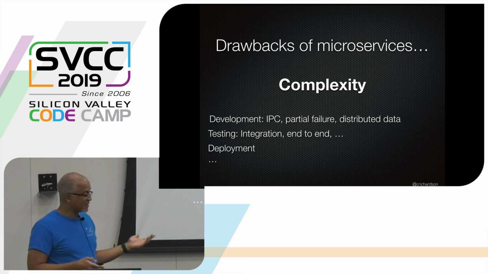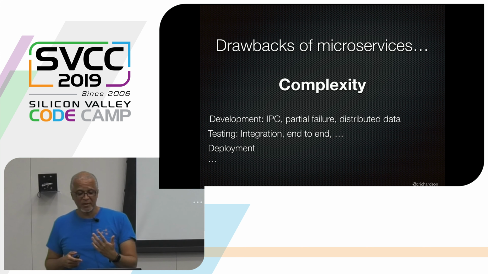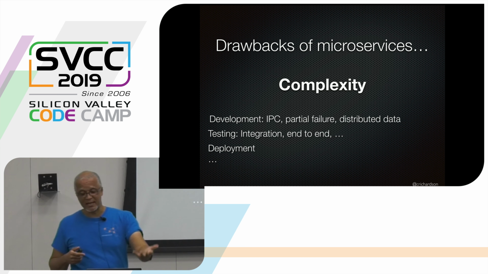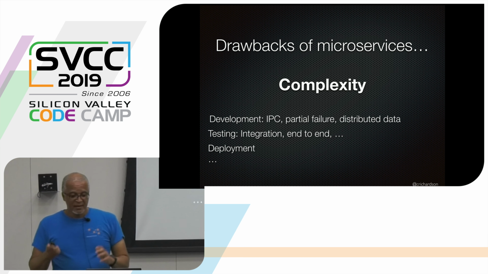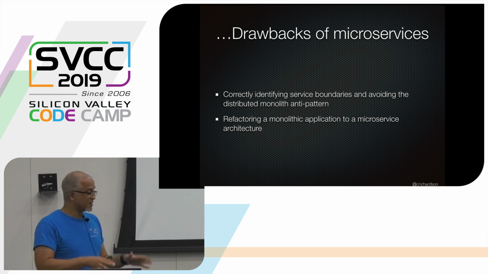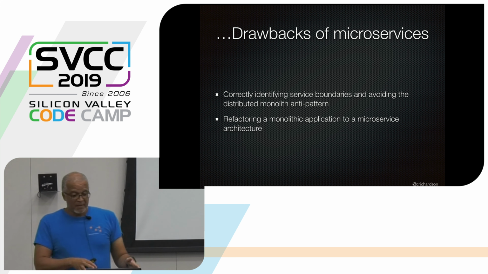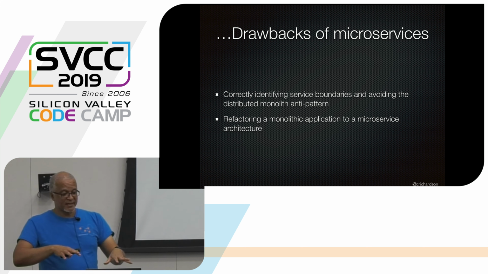And then there are challenges around deployment, but today there are modern deployment platforms like Kubernetes or AWS Fargate or Lambda and so on that automate a large part of this. And then a big challenge is just figuring out what your service boundaries are and making sure that you have services that are in fact loosely coupled.